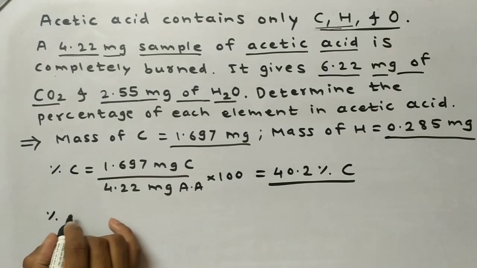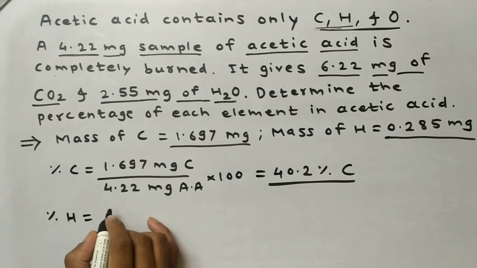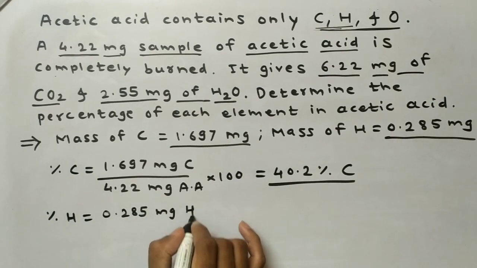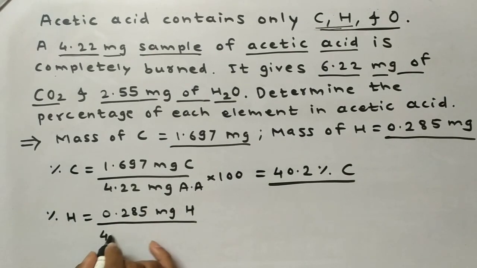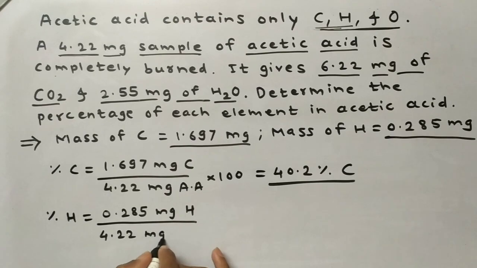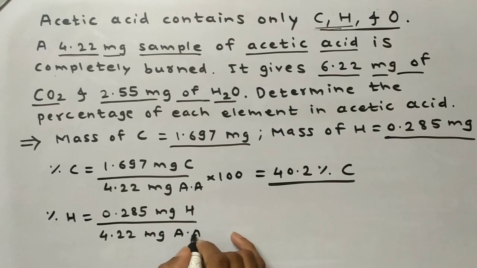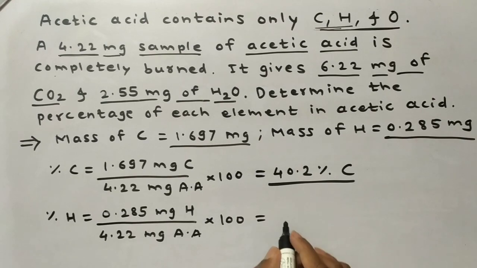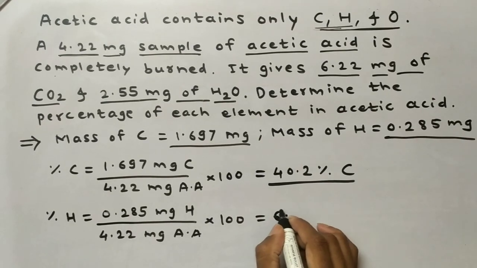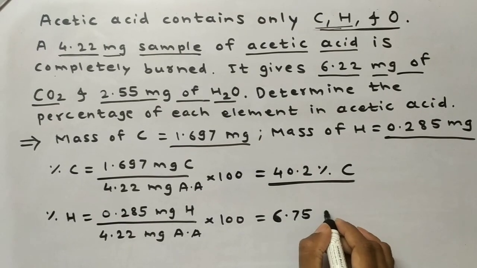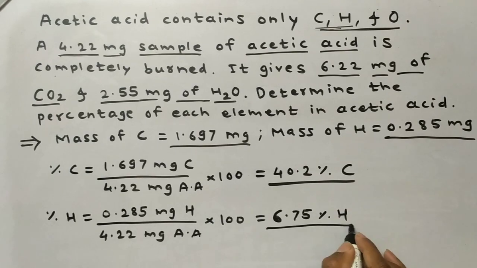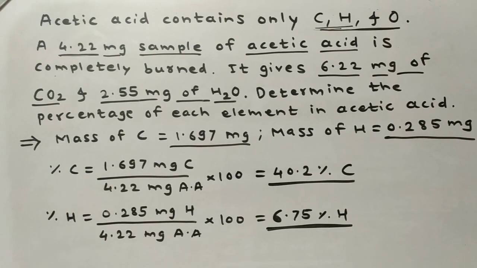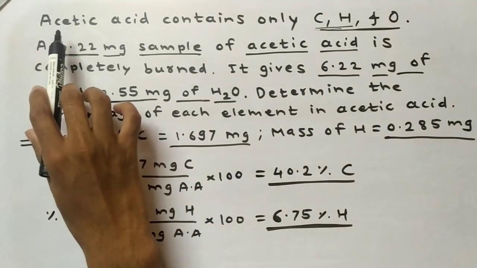Now we'll determine the percentage of hydrogen. So 0.285 milligrams of hydrogen divided by 4.22 milligrams of acetic acid multiplied by 100. So this comes out to be 6.75 percent of hydrogen.